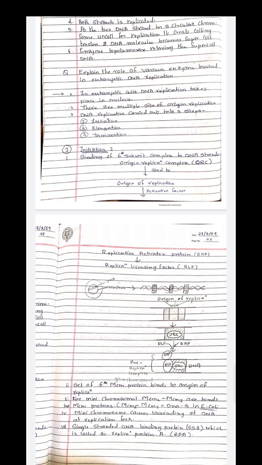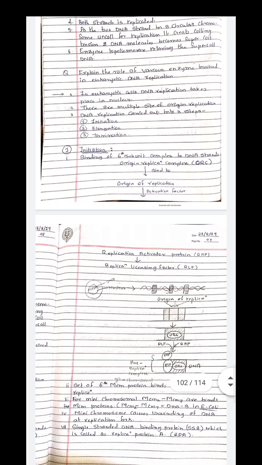These minichromosome maintenance proteins are equivalent to the DnaB protein, which is observed in E. coli. Then in the initiation stage, there is some addition of the SSB protein, that is the single-stranded binding protein, or replication protein A.